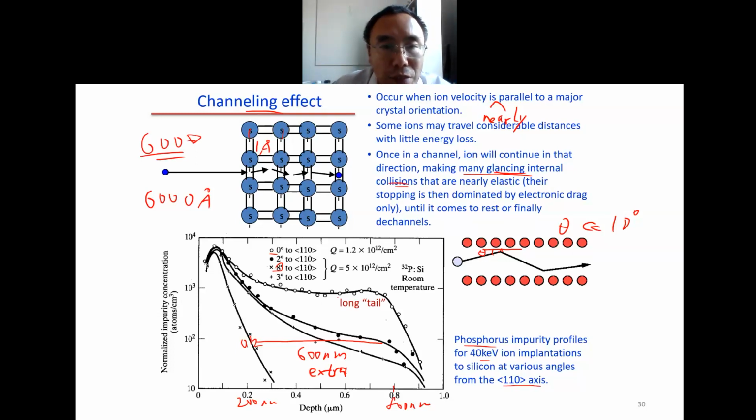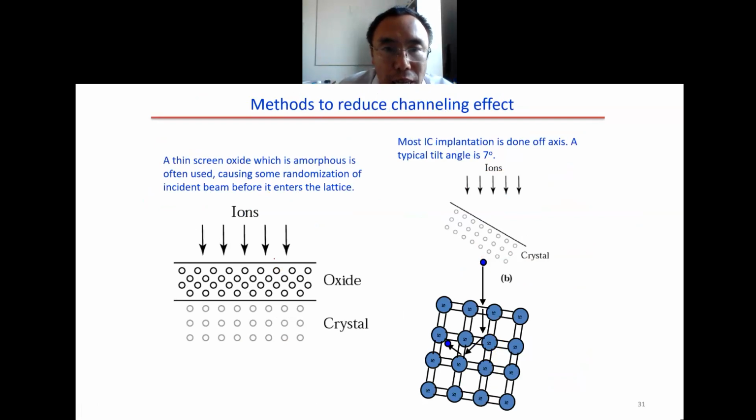So how do we get rid of the channeling effect? The first way is to use an oxide layer. This is amorphous, so when we have amorphous material, the ions will be randomized. The ions come here and become randomized. Another way is to use a 7 degree tilt. When we do the 7 degree tilt, there will be no channeling effect.